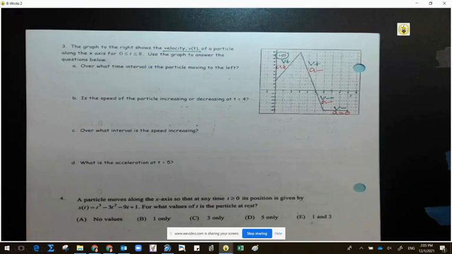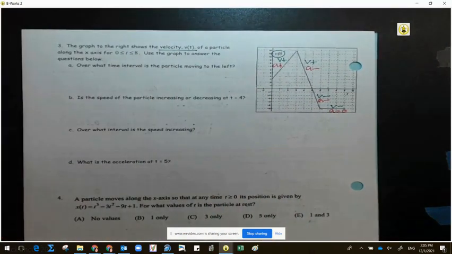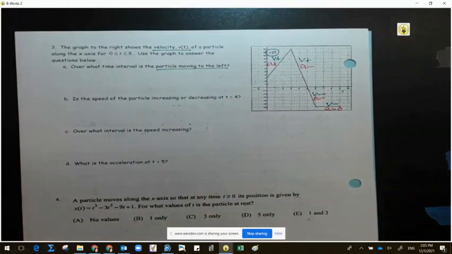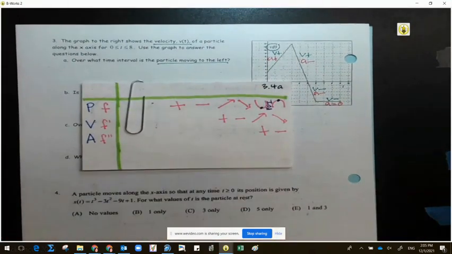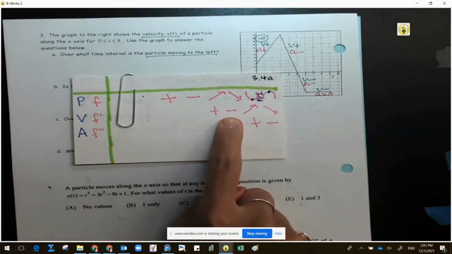All right? So part A. Hannah, let's read part A. So particle is moving to the left. So if your PVA is still helpful, the particle is moving to the left when the velocity has what kind of sign?